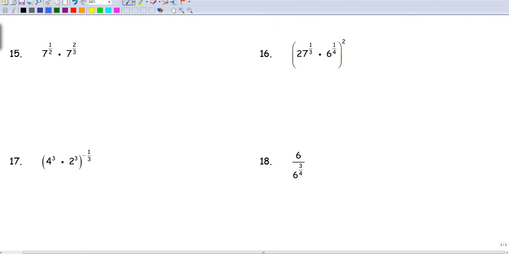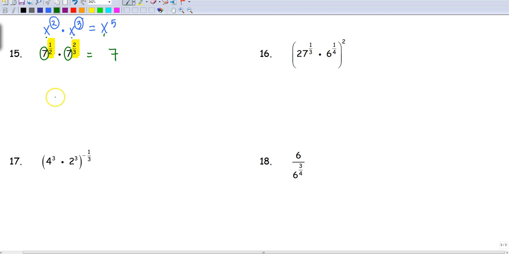Okay, so just as when you had something that was x squared times x to the third, and you would add these exponents and get x to the fifth, we are doing the exact same thing in number 15. Your base is the same. You have two 7s. They stay a 7. Base always stays the same. And we are just going to add our exponents together.